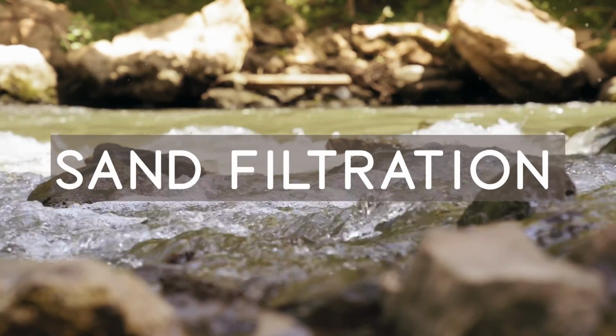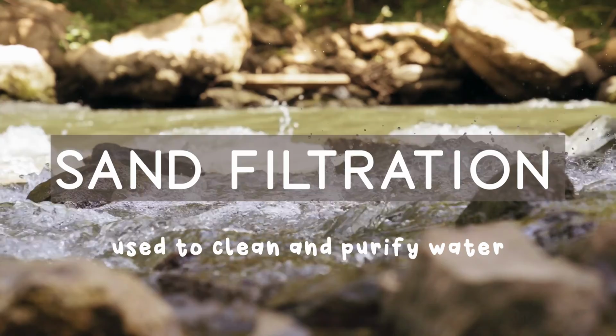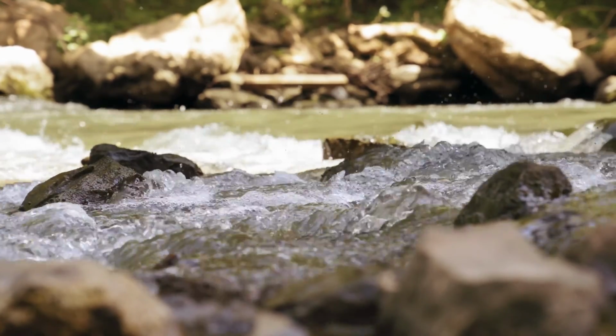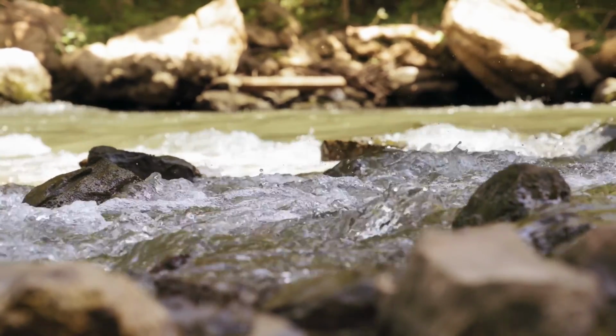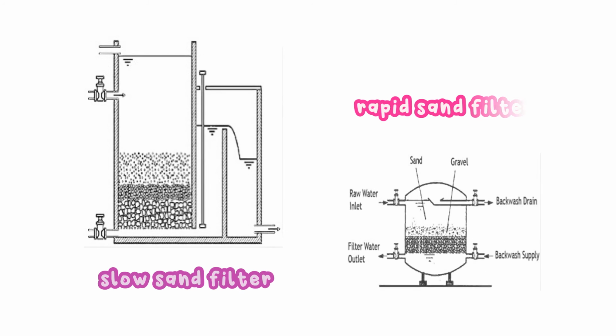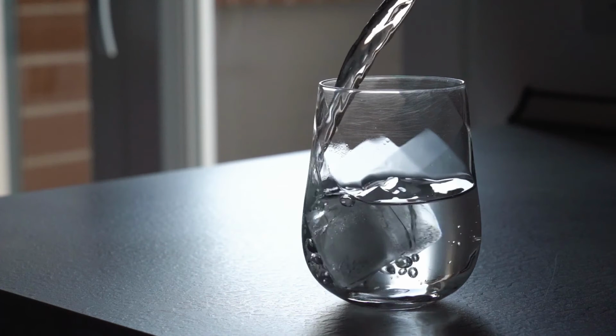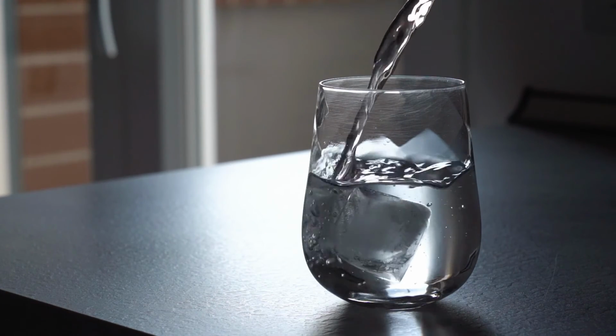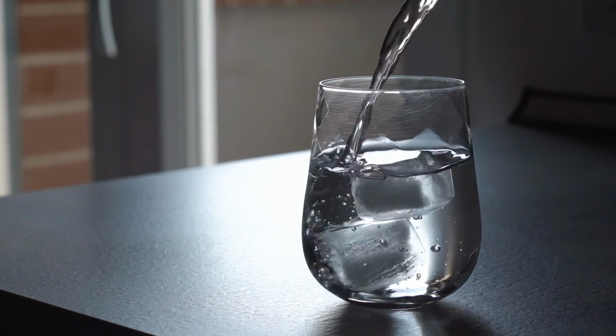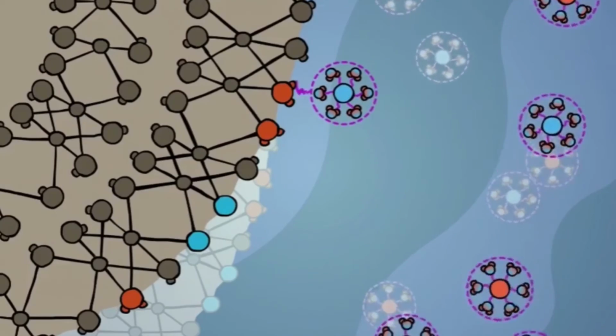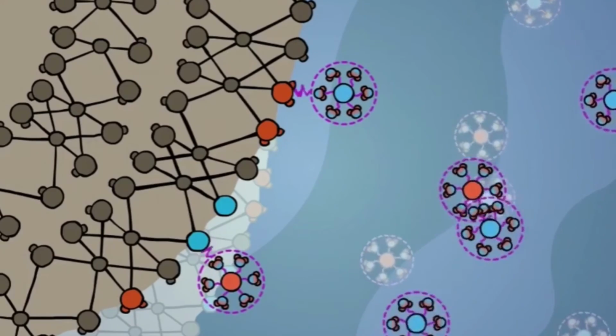Sand filtration is one of the ways to clean and purify water. There are several types of sand filtration, but the most commonly used are slow sand filtration and rapid sand filtration. Rapid sand filtration is more of a mechanical process where contaminants are trapped in between sand, known as mechanical trapping.